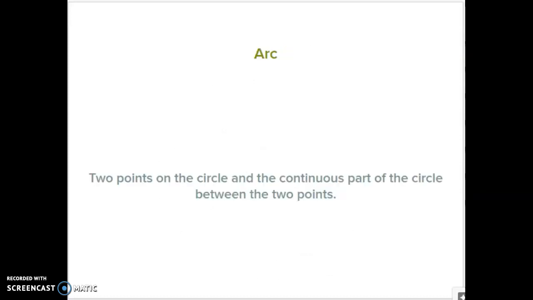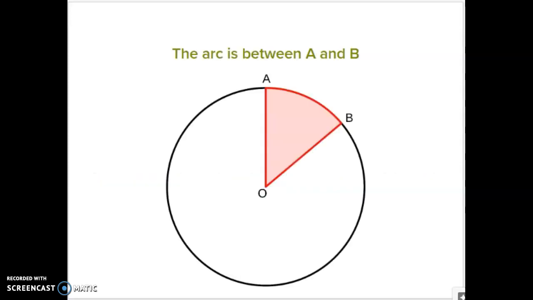An arc. An arc is two points on the circle and the continuous part of the circle between those two points. So points A and B, and the continuous part between those two points.